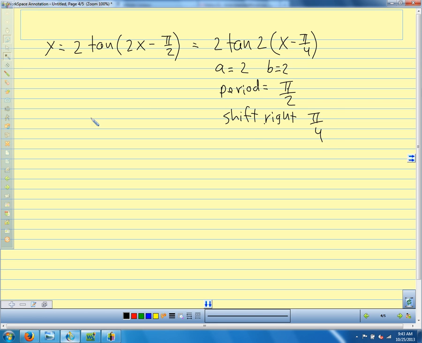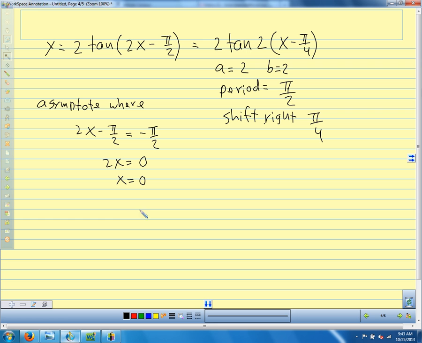I'm going to find my asymptotes, two successive asymptotes. Where 2x minus pi over 2 equals negative pi over 2. We know our tangent function is going to have an asymptote at negative pi over 2 if it's unshifted, so we're going to figure out where the shifted asymptote is. I add pi over 2 to both sides, I get 2x equals 0 or x equals 0.